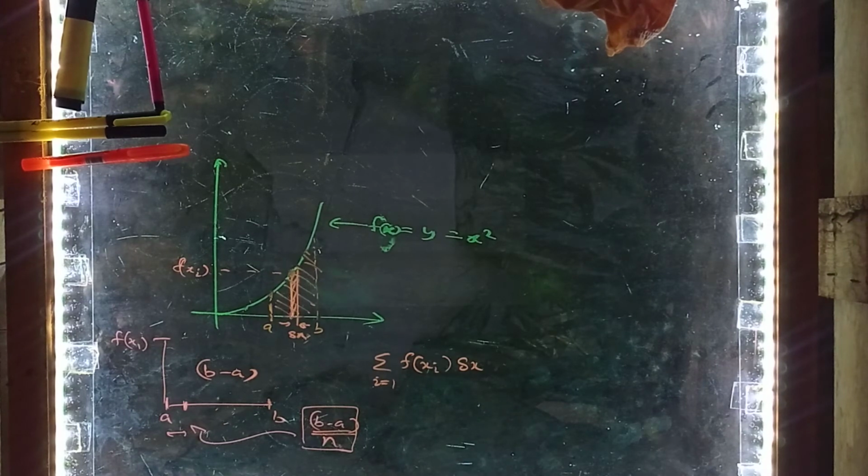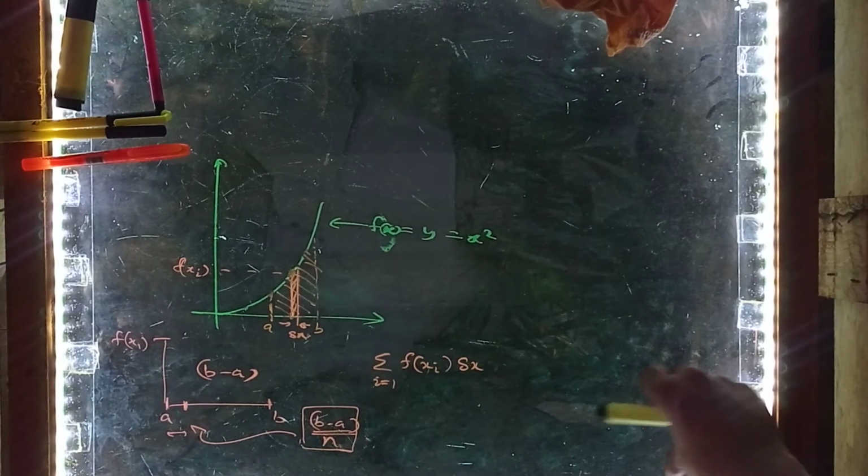This is multiplied by i, because this is the domain. Whichever graduation you need to find, you assign little i.